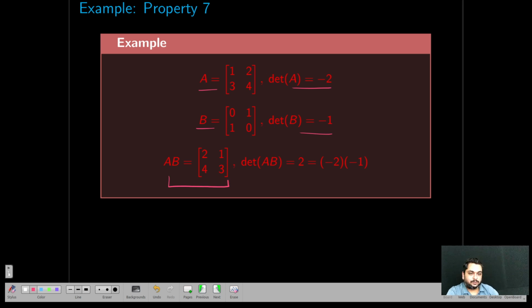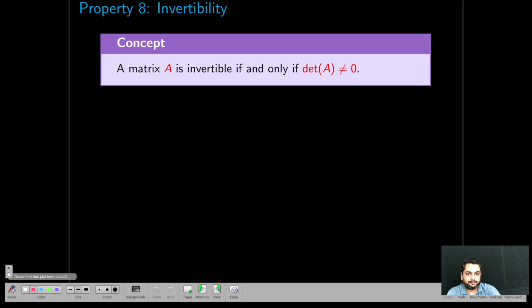AB, if I take the product of these two matrices, is equal to 2, 1, 4, 3. Then the determinant of AB for this matrix is 6 minus 4, which is equal to 2. So here I got -2 and -1, and if I multiply these two, I get 2. This is true for any square matrix.